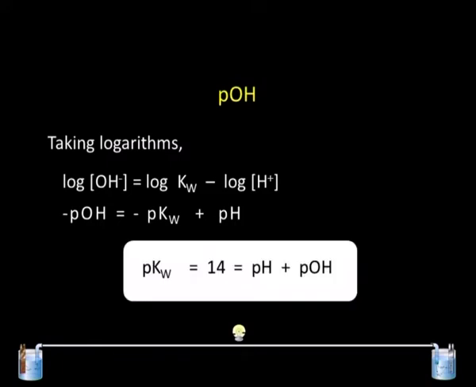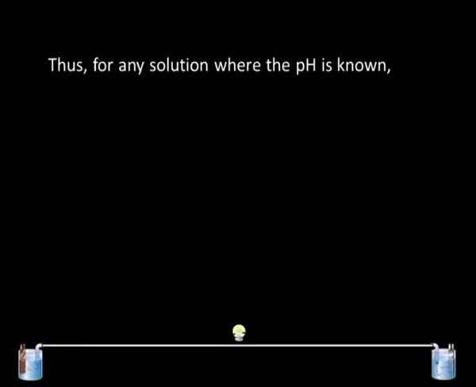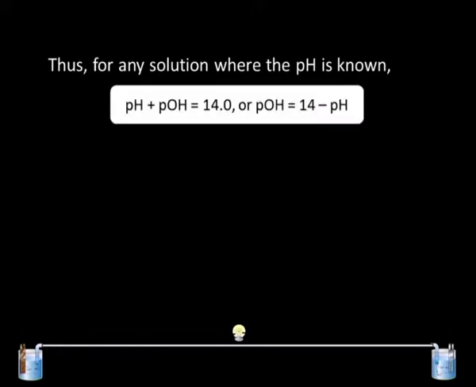This gives a relation which is pKw is equal to 14, which is equal to pH plus pOH, which indicates that the sum of pH and pOH in a solution will always be equal to 14. Thus, for any solution where the pH is known, we can write pH plus pOH is equal to 14, or pOH is equal to 14 minus pH.